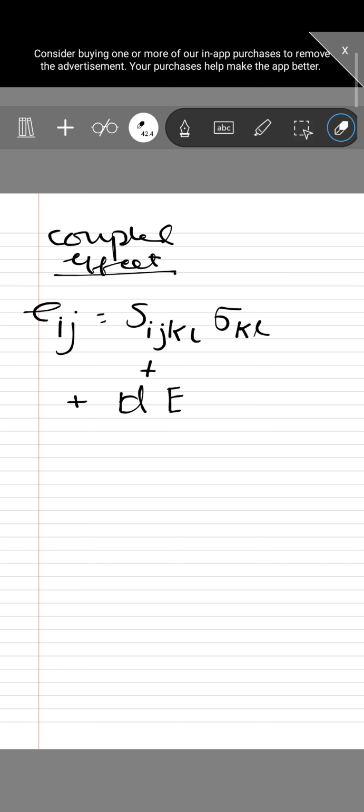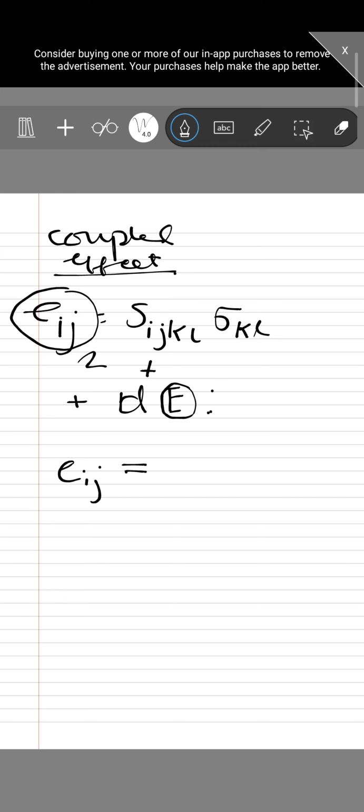Okay. Now here another interesting thing is that this is a tensor of rank, or order, 2, whereas the electric field is a tensor of order 1. So Eij, when it gets represented in terms of the electric field, dt, its electric field is in the L direction.